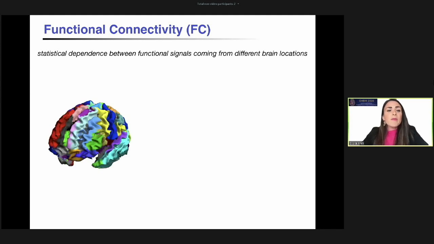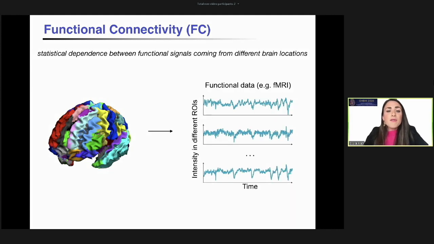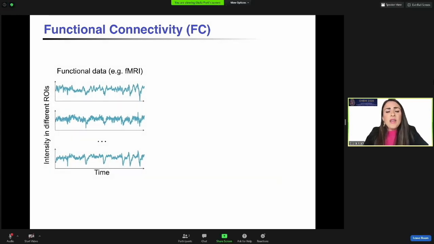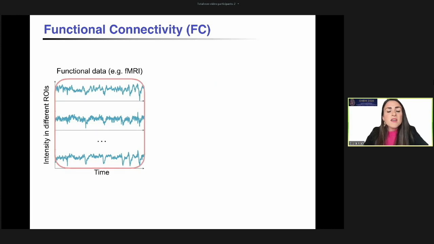So in general, we have a subdivision of the cortex in different regions of interest. And what we do is simply computing the average functional signal inside each region. So what we refer to usually as regional time courses that can come, for example, from fMRI. And computing functional connectivity starting from these time courses is very simple.